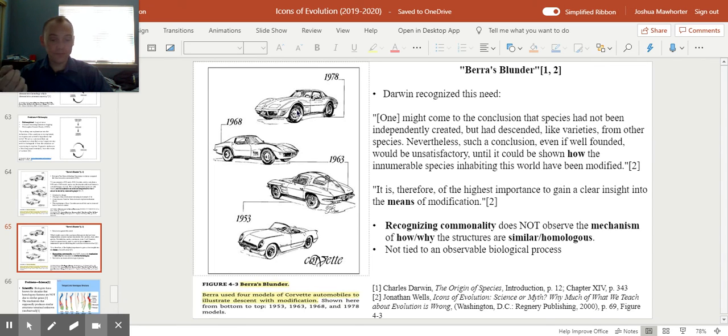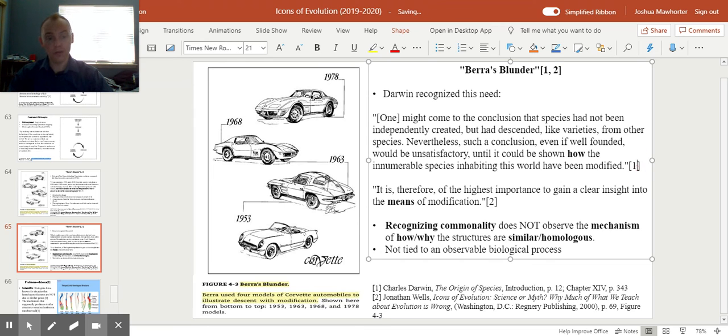He goes on to write, it is therefore of the highest importance to gain a clear insight into the means of modification. Meaning the means. Well, okay, we observe similar structures in creatures. We observe that they seem to be homologous.